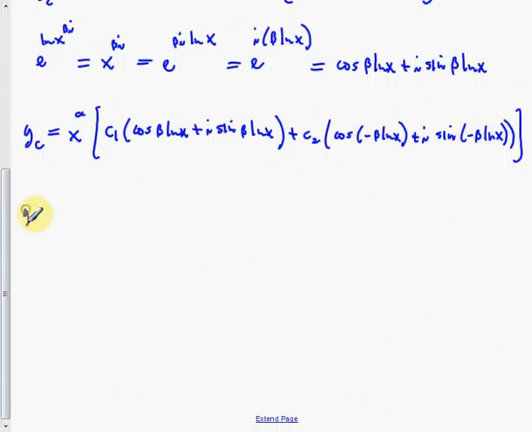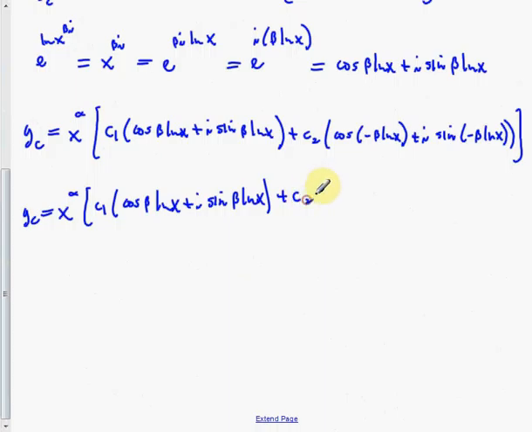So here y sub c is equal to x to the alpha times the brackets c sub 1 times parentheses cosine beta natural log of x plus i sine beta natural log of x, plus c sub 2 times cosine beta natural log of x, and this becomes negative i sine beta natural log of x.